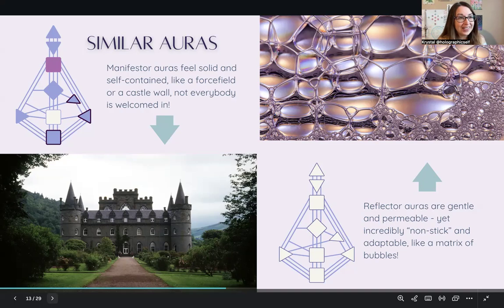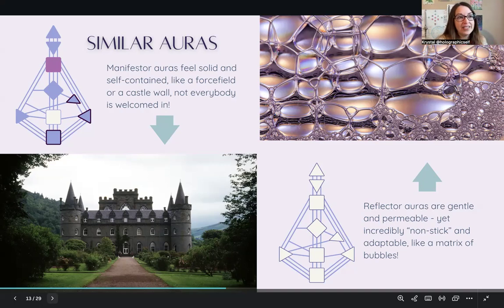And interestingly, reflector auras, now a reflector type, they have no definition in their chart, completely open. But that doesn't mean that they are just constantly getting buffeted in the flow of other people's energy. Interestingly enough, when no centers are defined, what we have is this effect. And so there's a softness and a strength that the reflector aura carries that makes it similar to a manifestor in that nothing really sticks to a reflector.